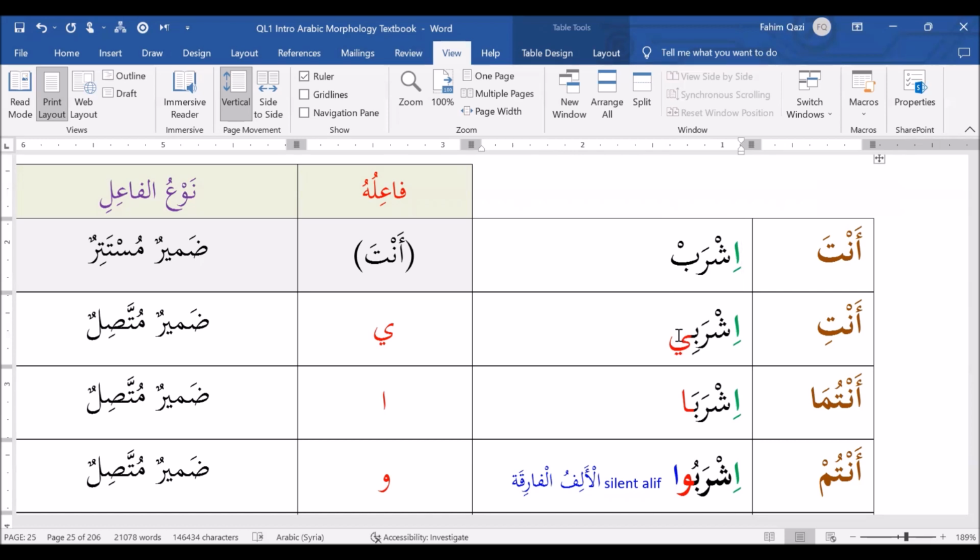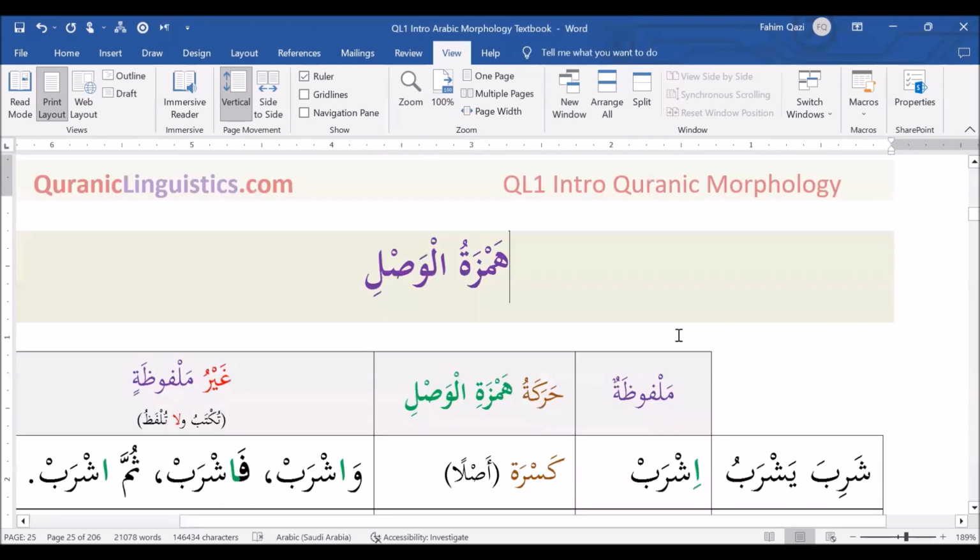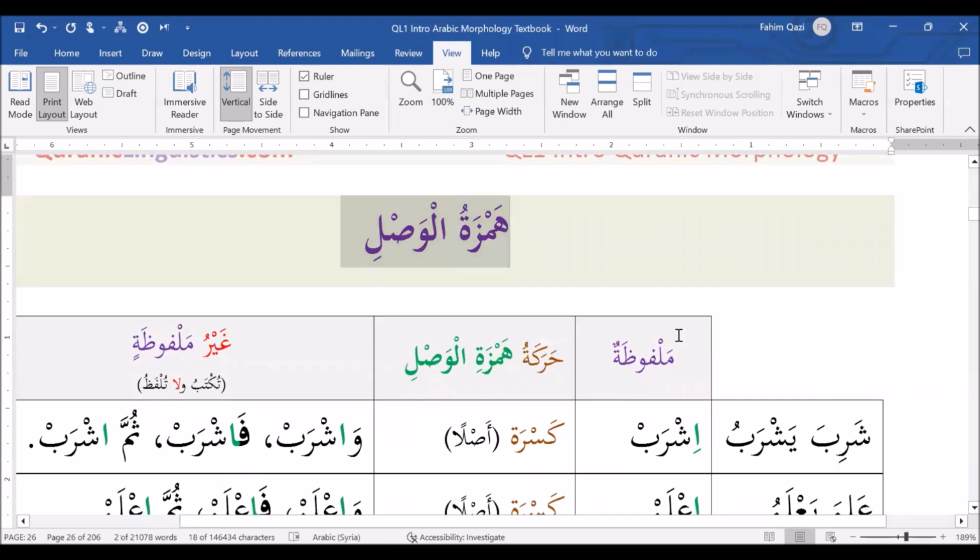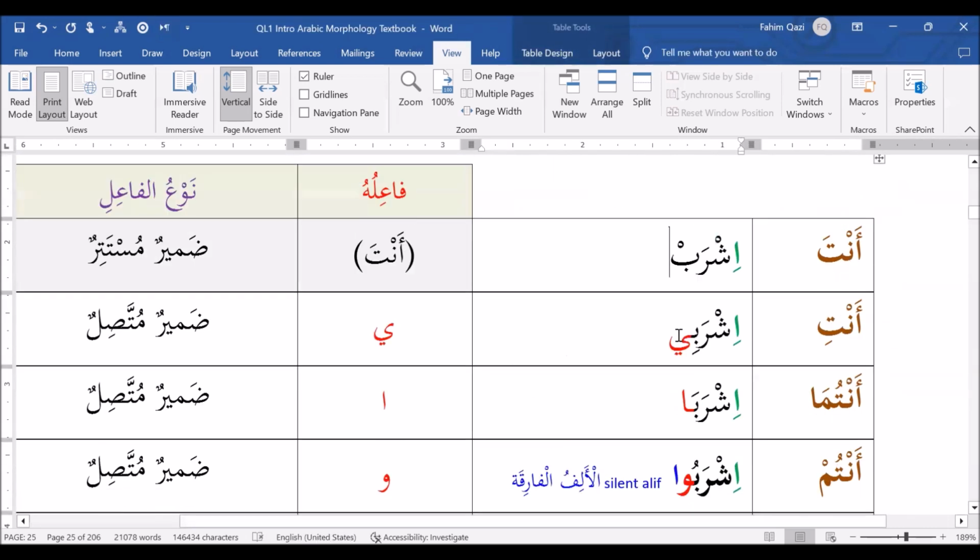You can go through that, inshallah. Let's finish this chapter first, and then on the next page, we'll look at this beautiful concept called hamzatul wasl. So for now, it's just an alif with a kasra.